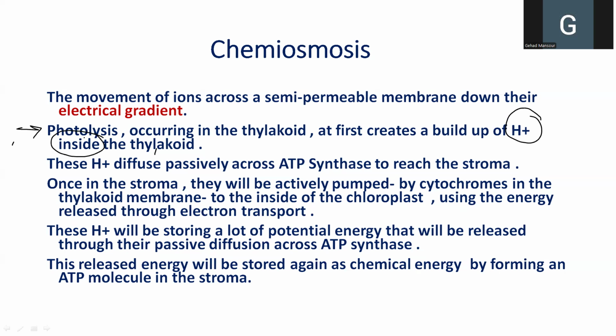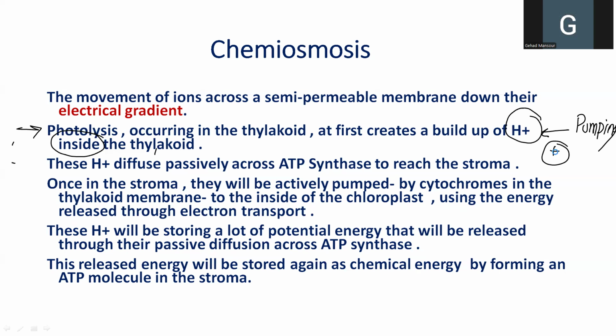But we have another source for building up of protons inside the thylakoid, which is the active pumping, other than photolysis. These hydrogen ions will diffuse passively, as we said, across the enzyme to reach the stroma. And once in the stroma, they will be actively pumped.